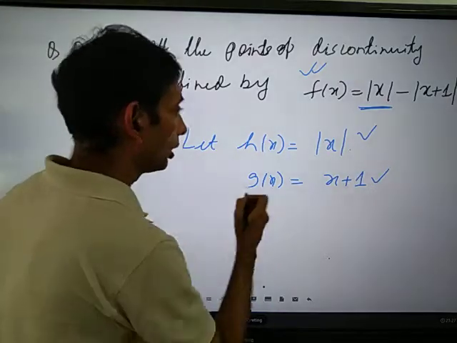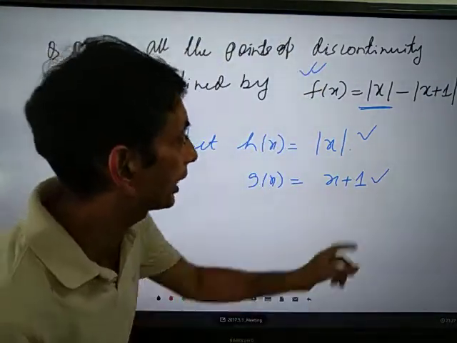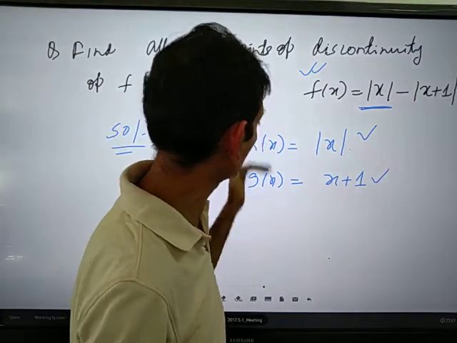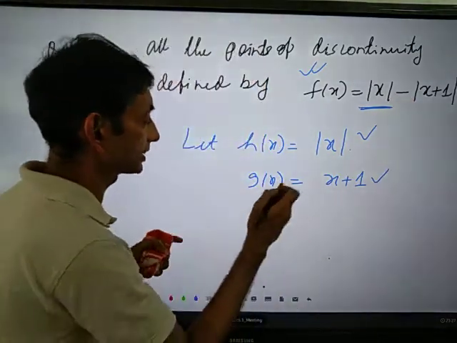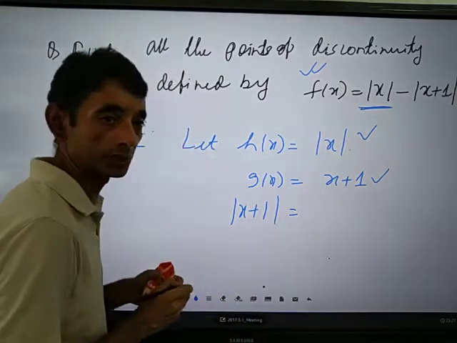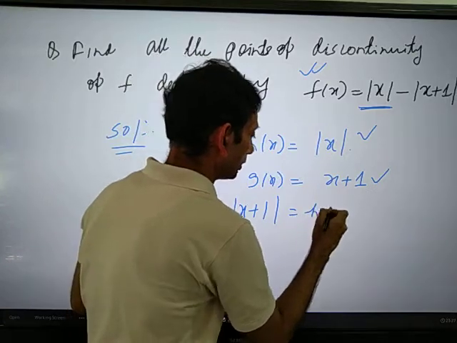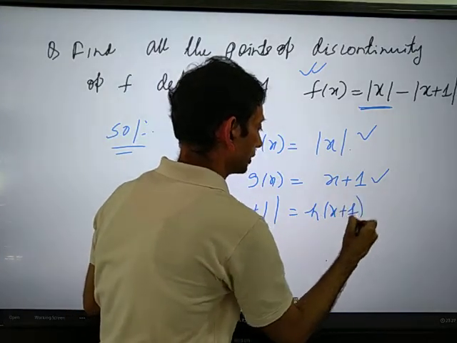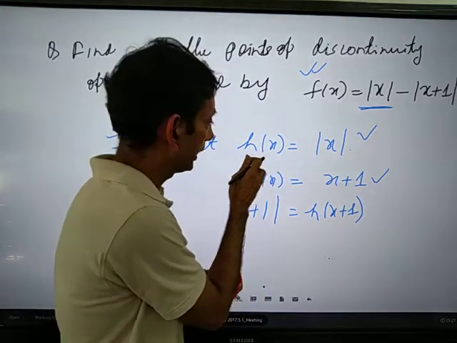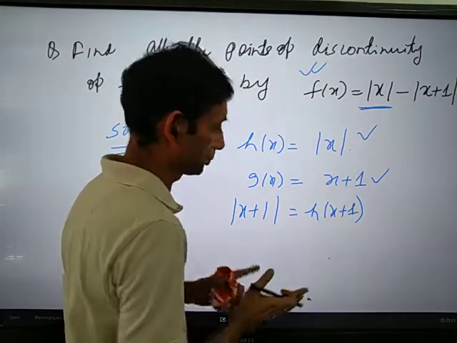Now we try to write mod x plus 1 as a composition of these two functions. Let's start with this. So mod x plus 1. If h(x) is mod x, then h(x) plus 1 is mod x plus 1.